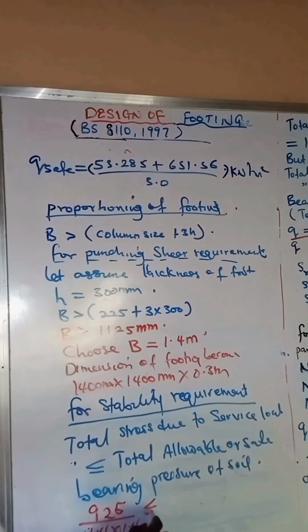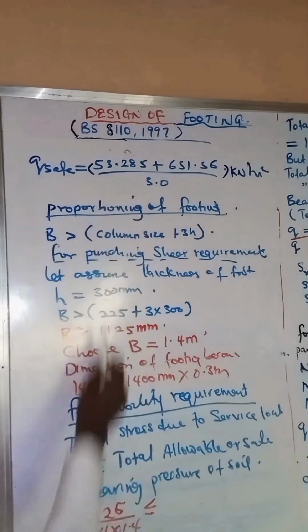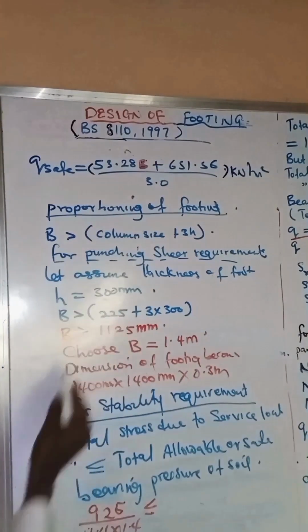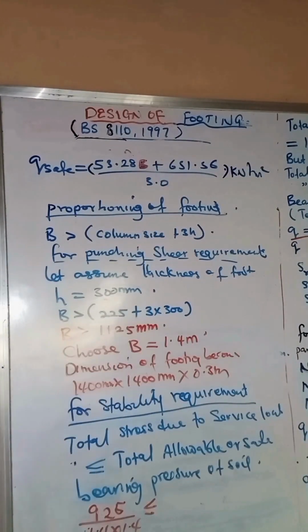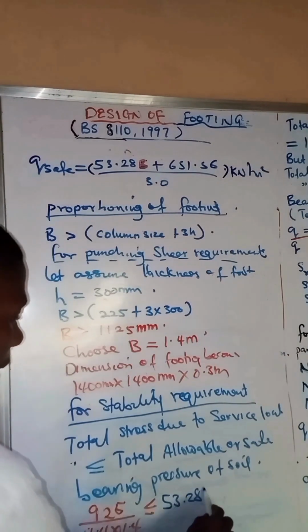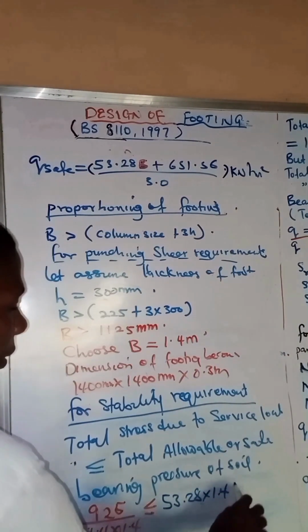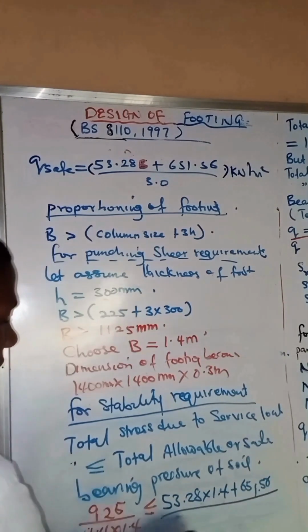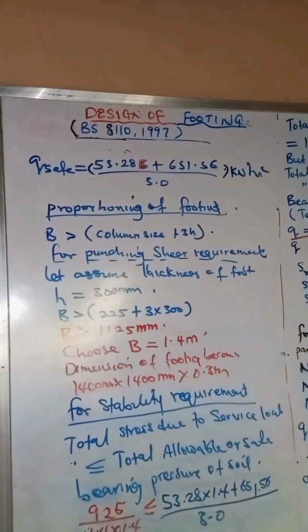So we are saying that that stress must be lesser than the safe bearing stress, or allowable bearing capacity of the soil. And we've gotten that to be our expression on the board on this side. Remember here we have B in this place, so we're going to substitute the value of our breadth of footing. If we plug that in, this expression becomes 53.28 times 1.4 plus 65 1.56 all over 3.0, which is a factor of safety, like we've gotten it before.